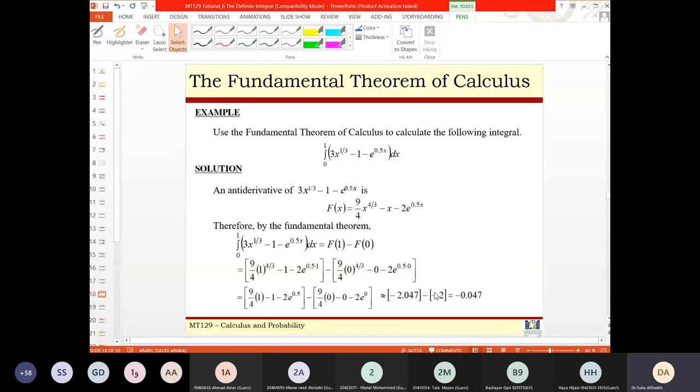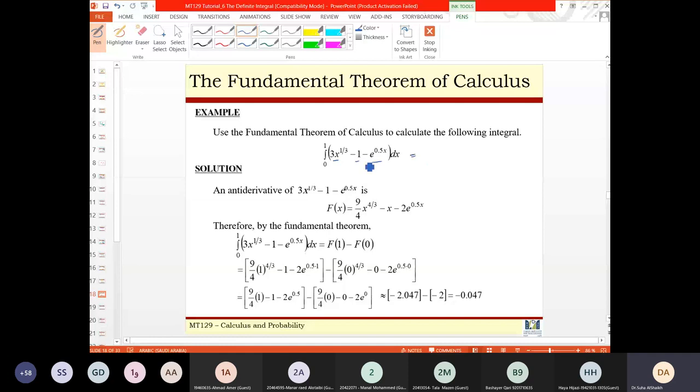So here we have an example. Use the fundamental theorem of the calculus to calculate the following integral. Like this, we don't need to worry about dividing. Directly I will find the integration and substitute. I have the integration of 3x to the power 3 minus 1 minus exponential of half x.